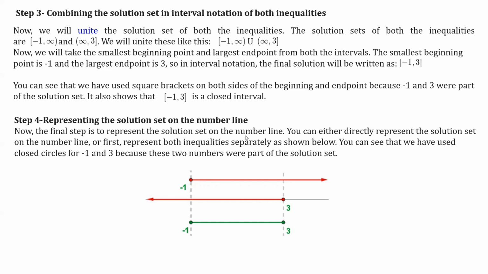You can either directly represent the solution on the number line or first represent both inequalities separately as shown below. You can see that we have used closed circles for -1 and 3 because these two numbers were part of the solution set.